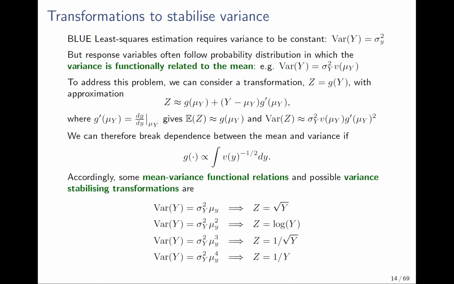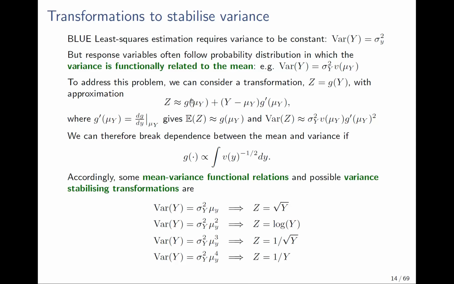So to address this, we're going to introduce a transformation, and the transformation we're going to call z. It's g of y, and we can take an approximation to this transformation, a first order Taylor approximation, which would have this form here.